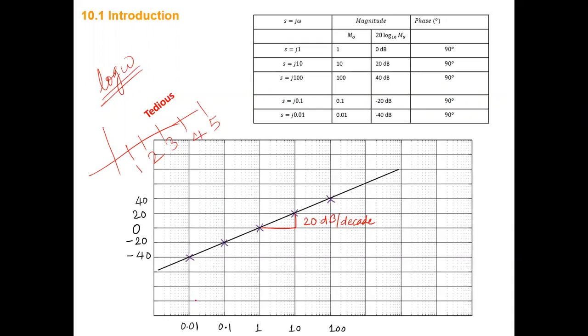But in the case of a log plot, instead of changing by 1, you change by times. This is 10 times. 10 times 0.01 is 0.1. 10 times 0.1 is 1. 10 times 1 is 10. 10 times 10 is 100. That's how you do it, and this kind of scaling is called log scale. That's why we call it log omega.